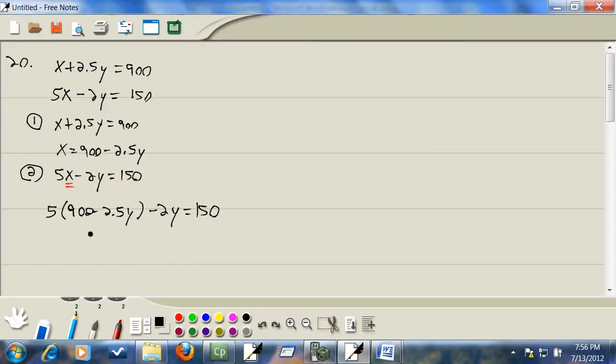Then my steps say and solve. So 5 times 900 gives us 4,500 minus, I'm not very good with decimals, we get a calculator, 2.5 times 5, I shouldn't have to do this, 12.5. So minus 12.5y minus 2y equals 150.